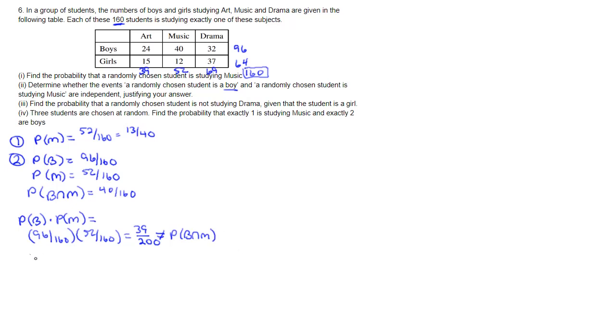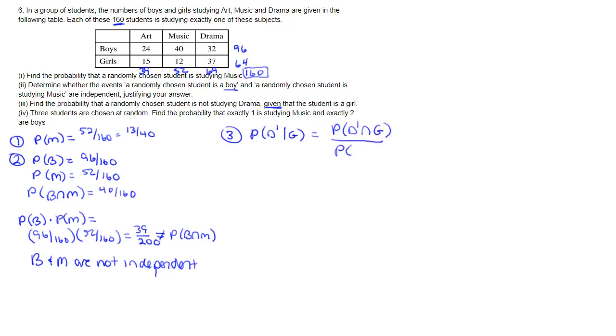Now, in the third one, it says find the probability that a randomly chosen student is not studying drama given the student is a girl. So I write this as a conditional probability. They're not studying drama given they're a girl, so I need to find the girls that are not studying drama. Well, that's going to be 60.